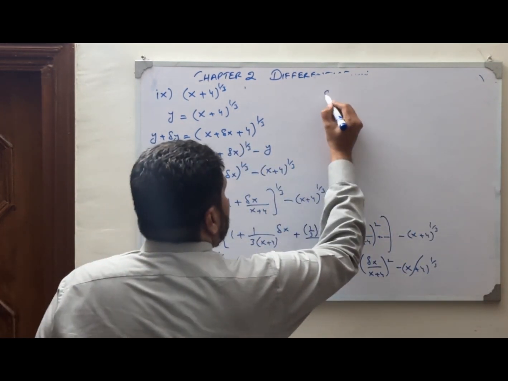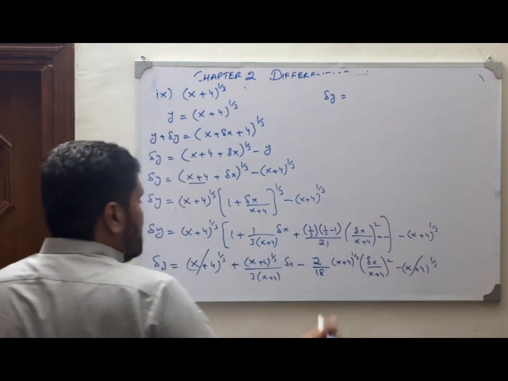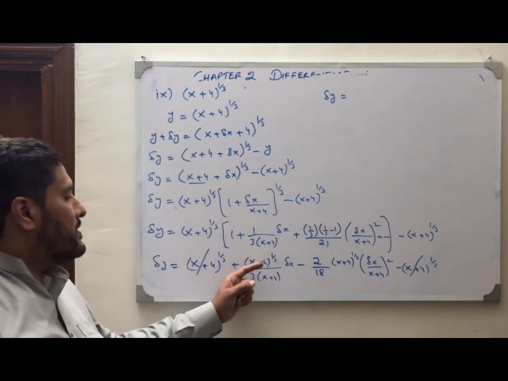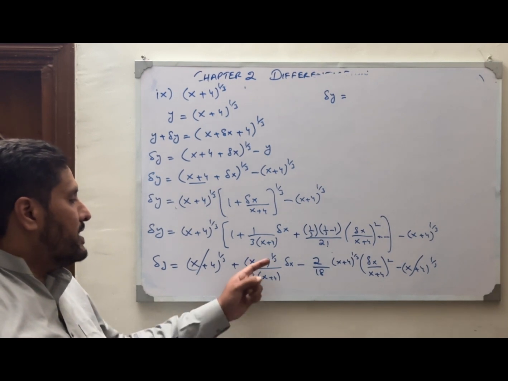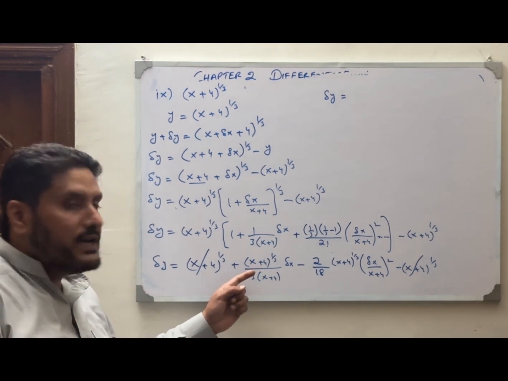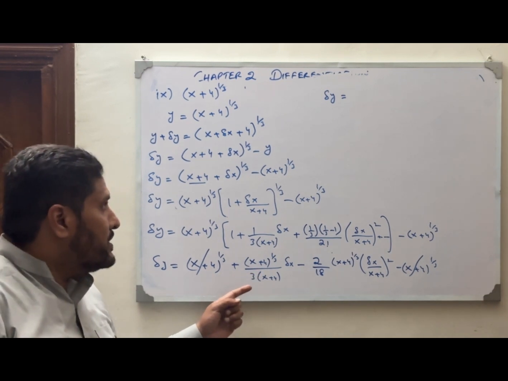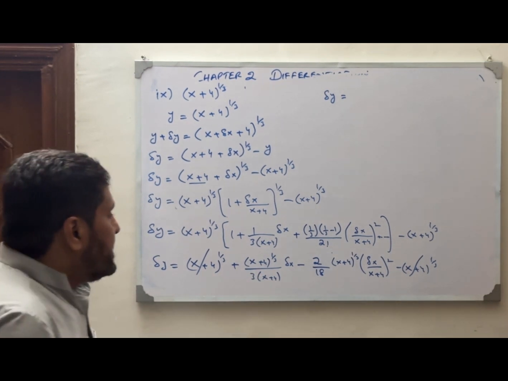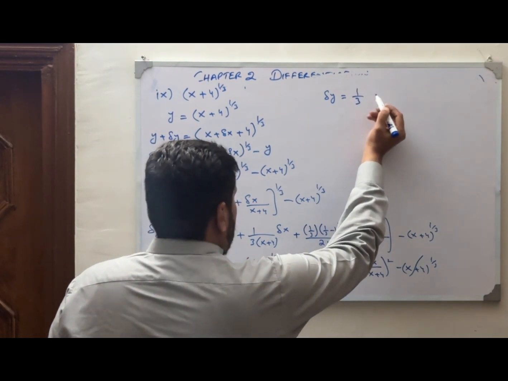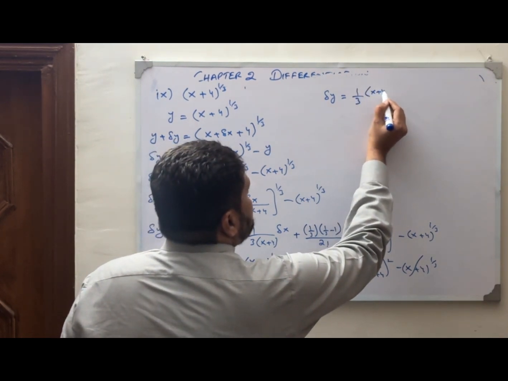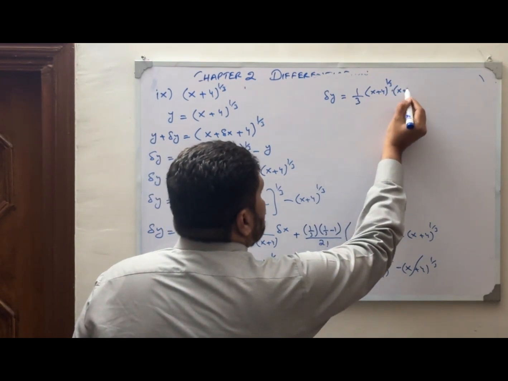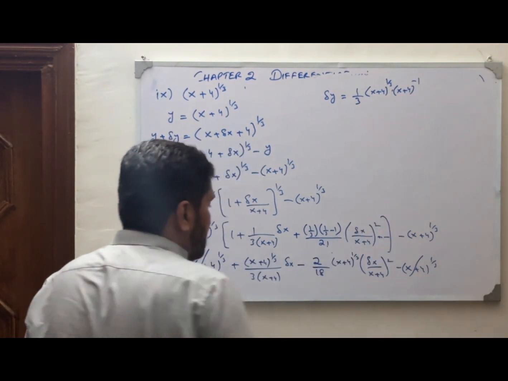Our delta y, that is equivalent to, we can write it as well, (x plus 4) power 1 by 3, and if we take it into the numerator, that will become (x plus 4) power minus 1. Both have the same base. So 1 by 3 minus 1, again we can write it in this way, 1 by 3 into (x plus 4) power 1 by 3 into (x plus 4) power minus 1, this one.